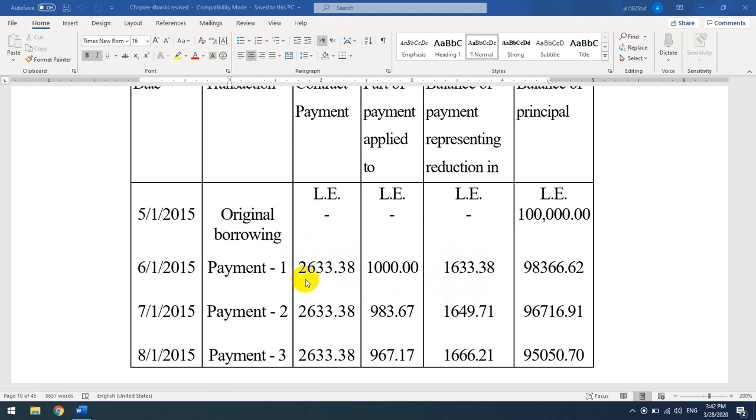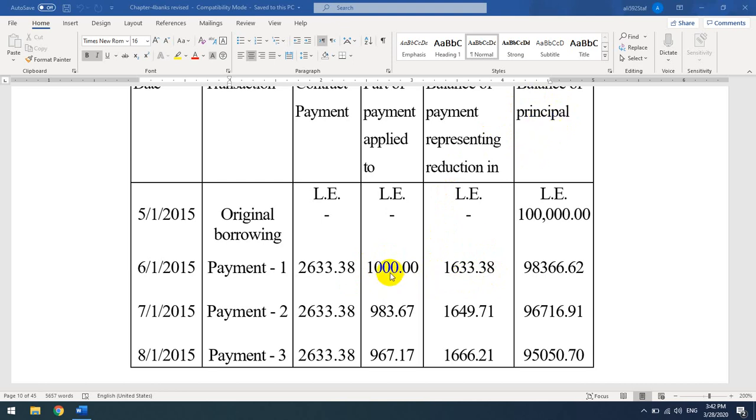Amount paid equals 2,633.38. From this amount, 1,000 is interest. The remaining amount represents reduction or repayment of the original loan, the principal.